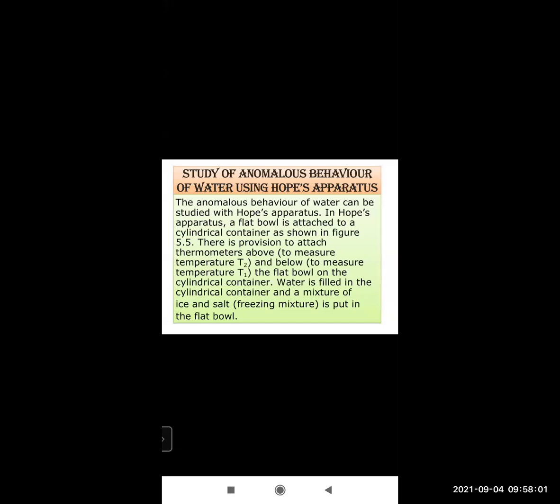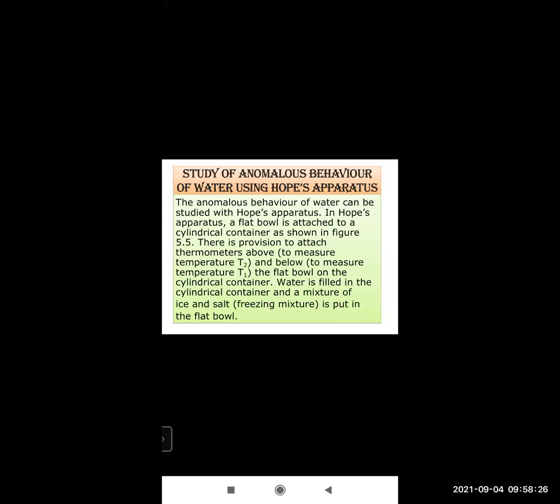Once again, I will repeat. In Hope's apparatus, a flat bowl is attached to a cylindrical container. You can see one cylindrical container, and around that a flat bowl is attached. There is a provision to attach two thermometers: above is thermometer T2 and below is thermometer T1 to measure the temperature.